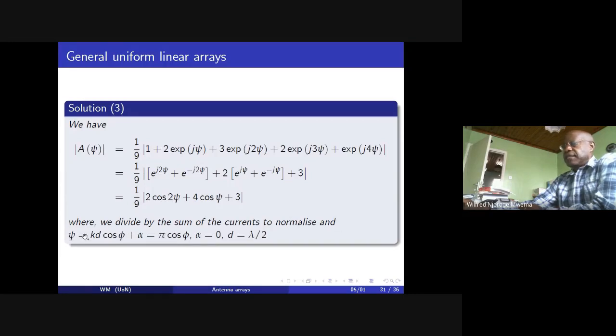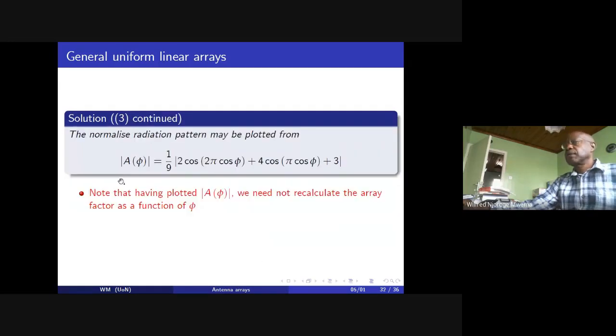And therefore ψ = kd cos φ + α is equal to π cos φ, and α is therefore equal to 0, and d is equal to λ/2. So the normalized radiation pattern may be plotted from A of φ equal to 1/9 times (2 cos(2π cos φ) + 4 cos(π cos φ) + 3).